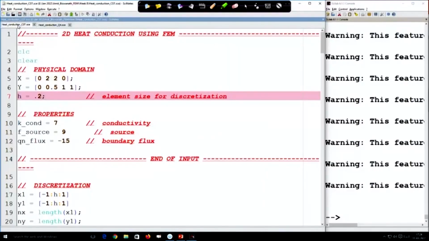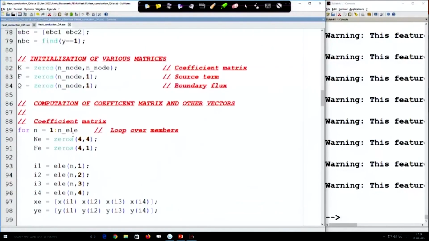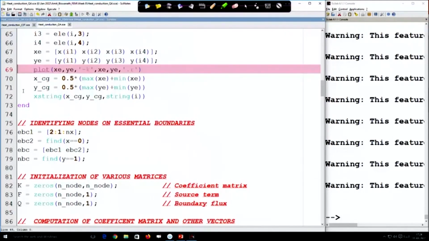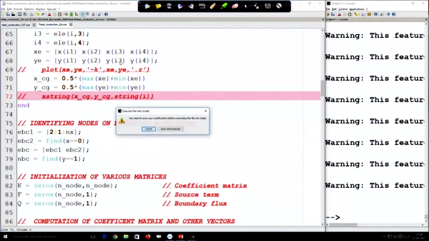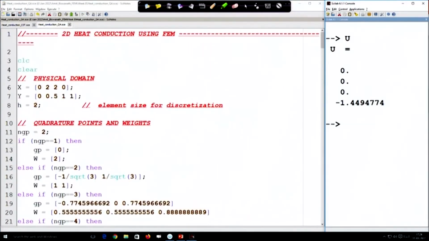Now we will do the same convergence study for this. Let's highlight this command and comment it out. So we have U equal to minus 1.4 with one element.